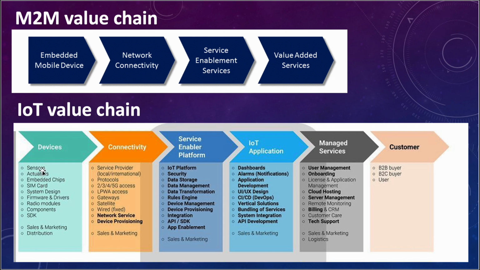We know that there are numerous vendors or sellers of devices in the IoT value chain. If you are interested in joining the IoT value chain, you can create sensors, actuators, and embedded systems, but all these components are a deep part of IoT.